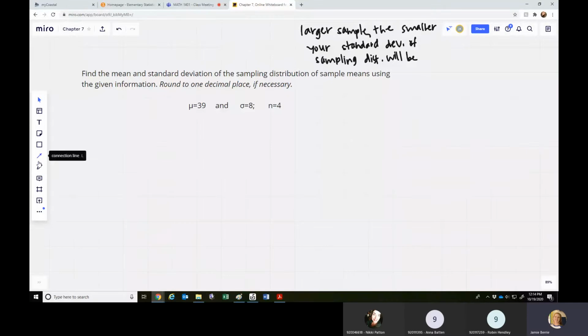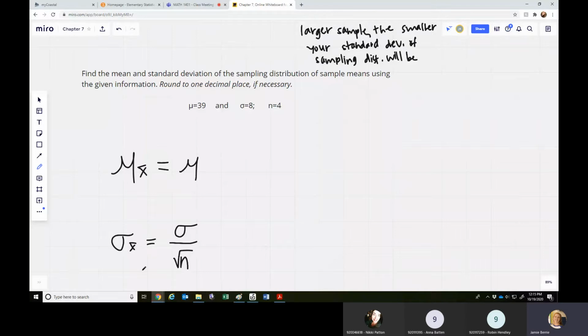And they're asking us to calculate the mean of the sampling distribution and the standard deviation of the sampling distribution of sample means. All right, so let's write down our formulas. The mean of the sampling distribution of sample means is just equal to the mean of the population. The standard deviation of the sampling distribution of sample means is equal to the population standard deviation, sigma, divided by the square root of n.